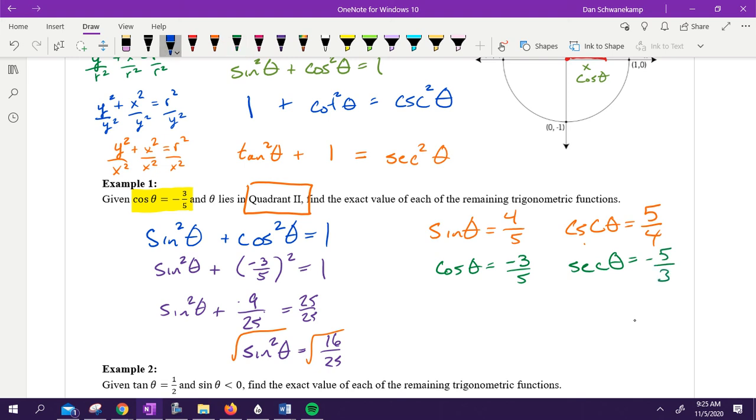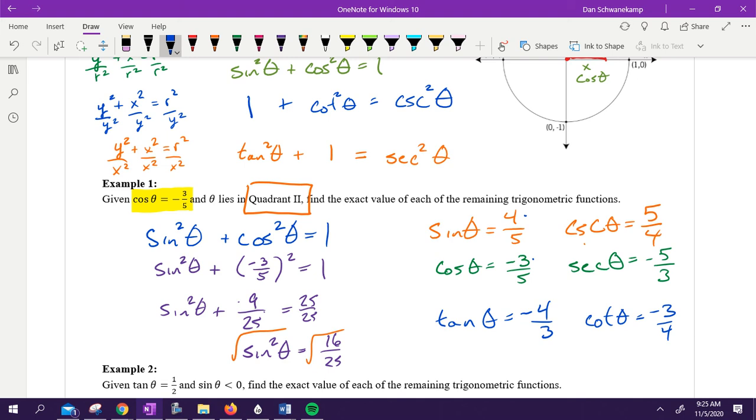And if I've got sine and cosine, then tangent should be easy, because what is tangent the same as? Sine over cosine. Y over x. So what would I get here if I did sine over cosine? Negative 4/3. 4 over negative 3. It's negative 4/3. And if I've got tangent, then I've got cotangent, because it's just the reciprocal of that.